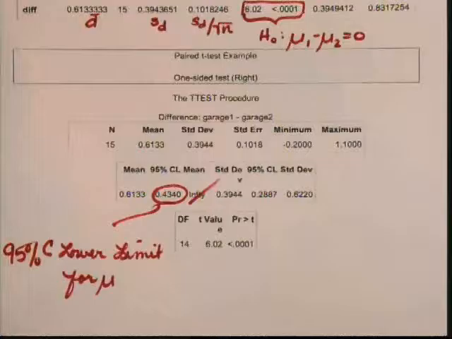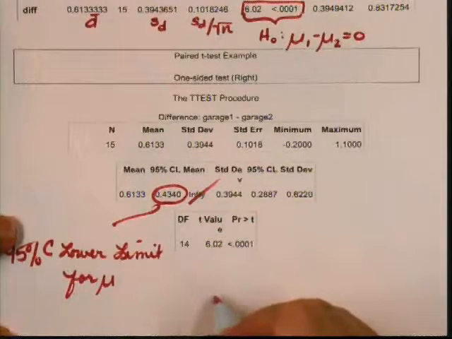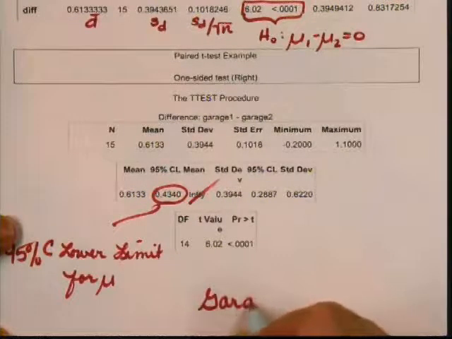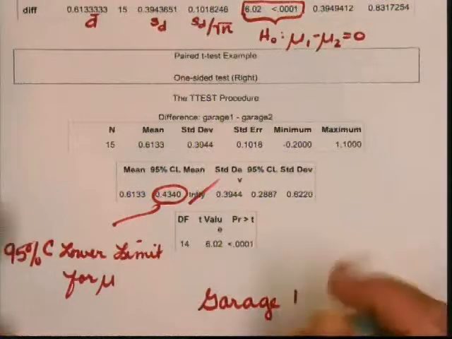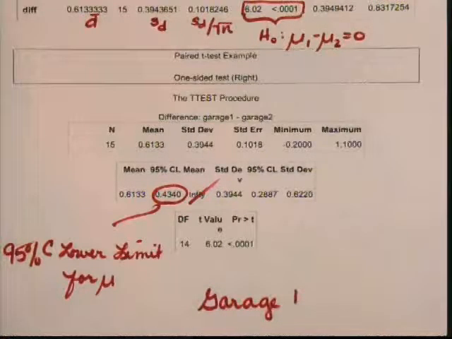All right, so from either one of these things, you would conclude that what? That garage 1 does inflate its estimates, or has inflated estimates. How was that phrased to us?